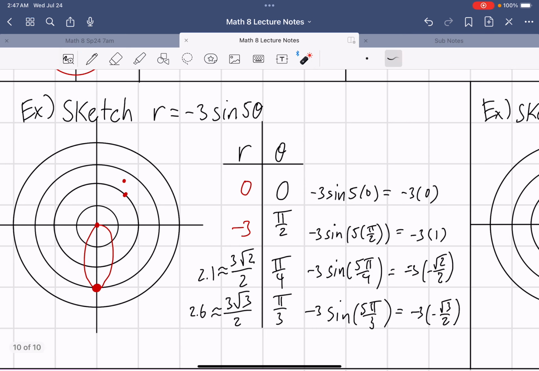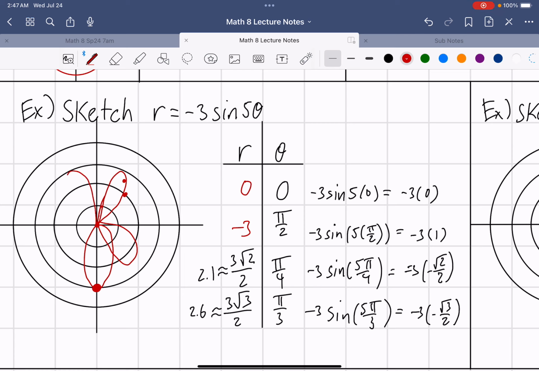So to me, it went from 2.1 to 2.6. That seems to me that it's getting closer and closer to 3. So if I go in this direction, I might have a petal here. And if I go based off of symmetry, that must mean I have another petal on this end. And remember, I need a total of 5 petals.